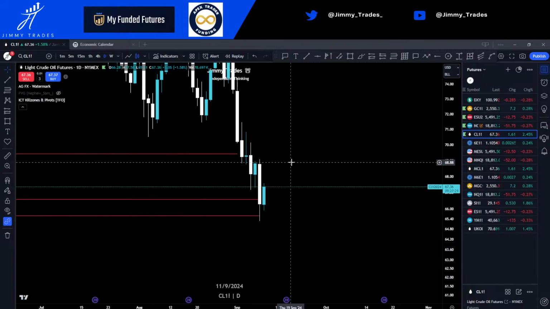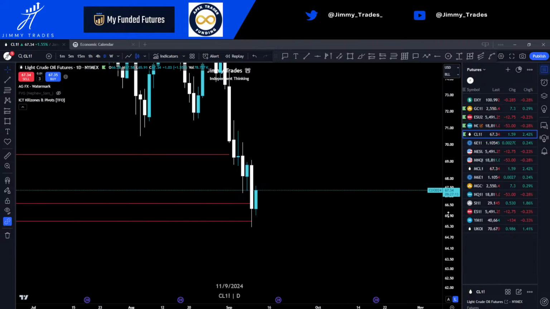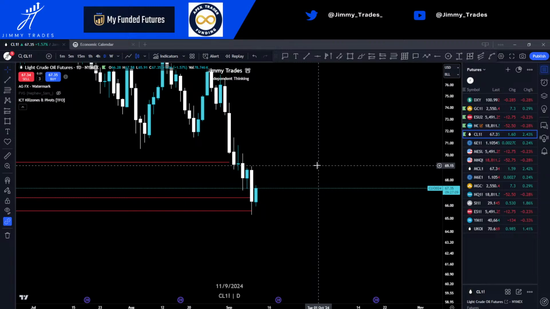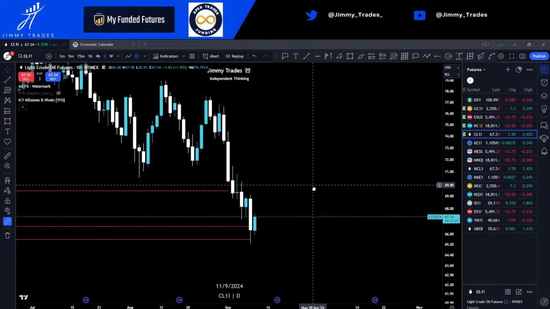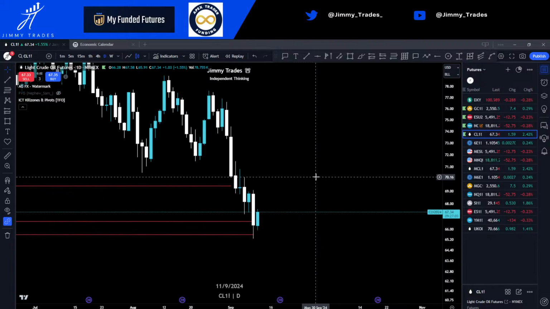And just remember, guys, if you do trade oil, we have inventories today at 10:30. So you're probably going to want to wait till after inventories to take a position on oil. If you do see something you like beforehand, because obviously oil opens at 9, my suggestion would be to make sure you close your positions before 10:30.